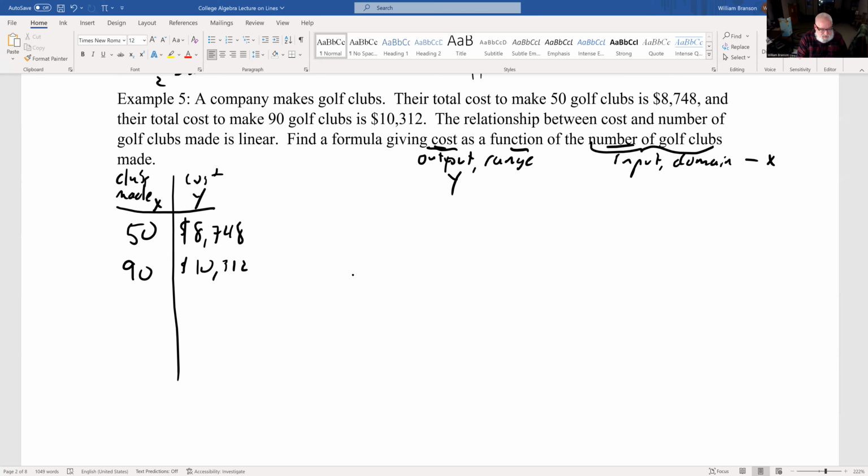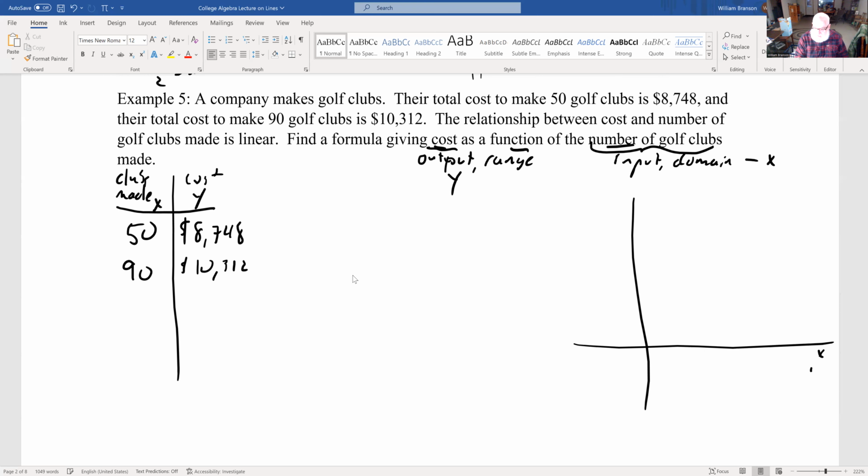$10,312. So I'm going to graph this really kind of vaguely over here somewhere. X, this is clubs made.